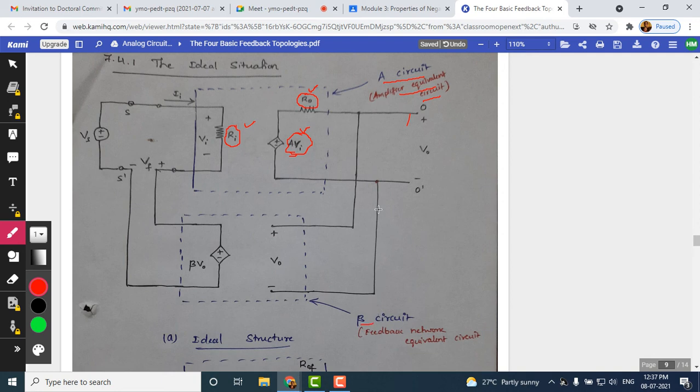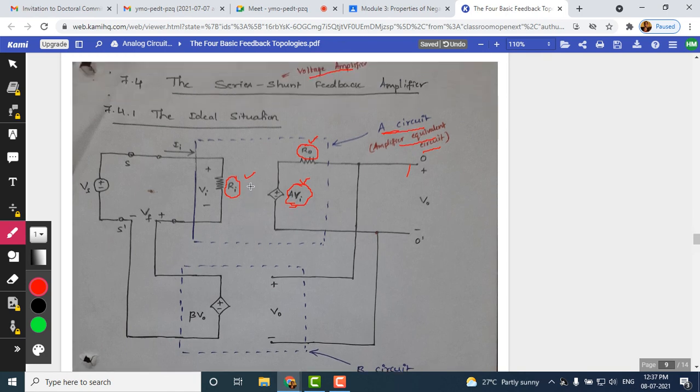In a nutshell, I can divide the entire equivalent circuit for the ideal situation into two blocks, the A circuit and the beta circuit. All interconnections are done as per the voltage amplifier feedback topology.